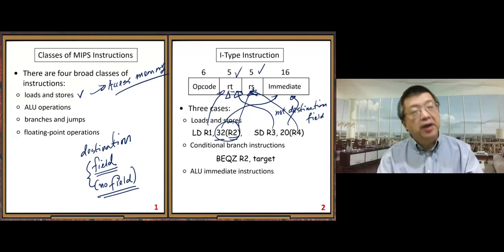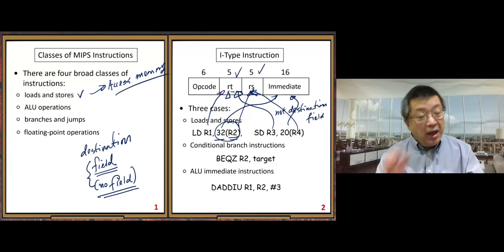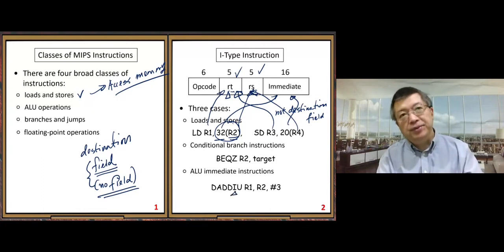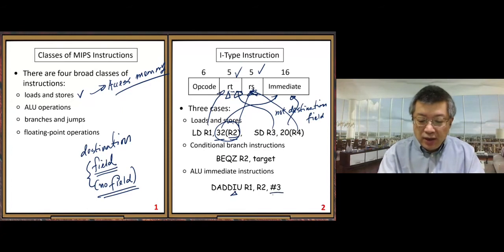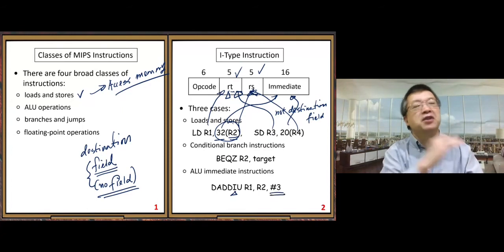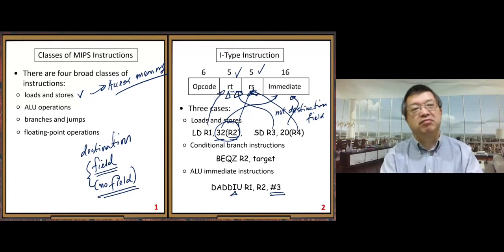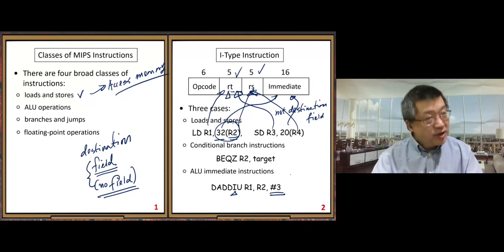Then the next one, the ALU immediate instruction, case number 3. I-type ALU operation. The immediate field is used as the constant. In this case, this constant is the first source operand.